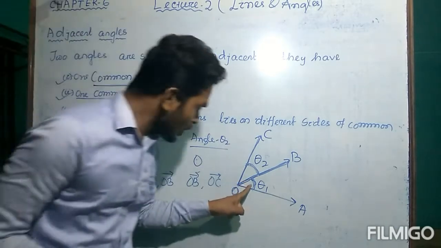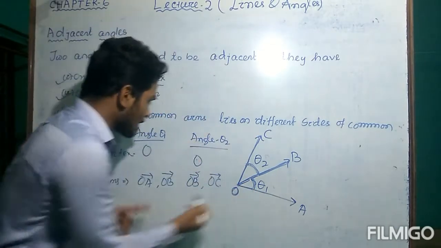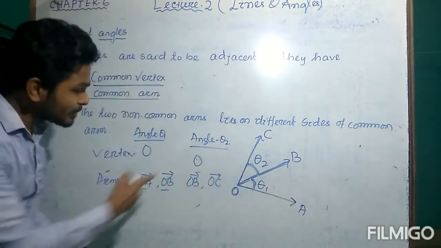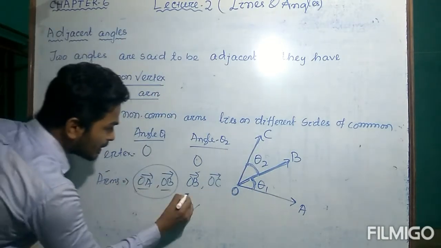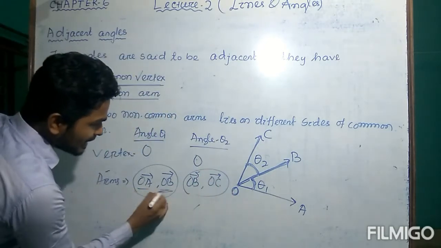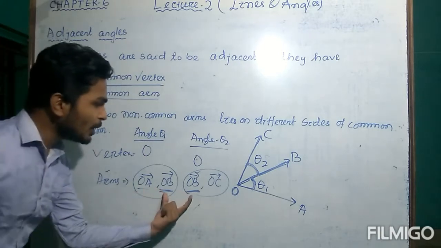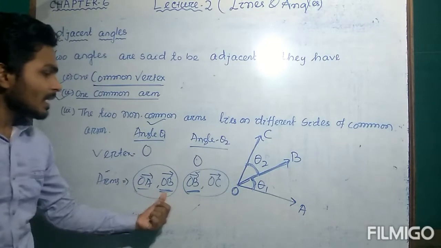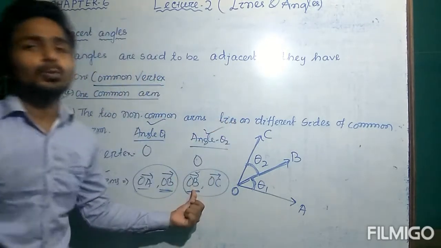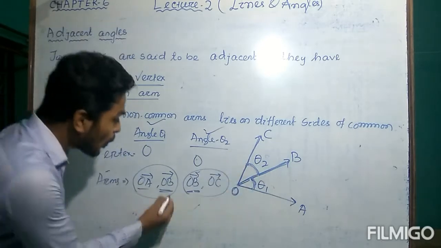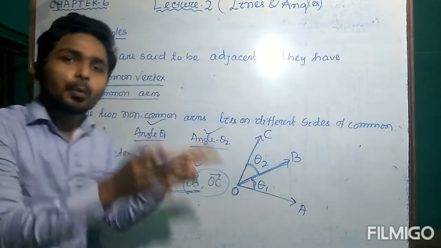So as you know, each angle has two arms. Theta 1 has two arms OA and OB, and theta 2 has two arms OB and OC. Now compare these arms. There is an arm which is common to both angles. OB is common to theta 1 and OB is also common to theta 2. So out of the two arms, one arm is common to both angles.